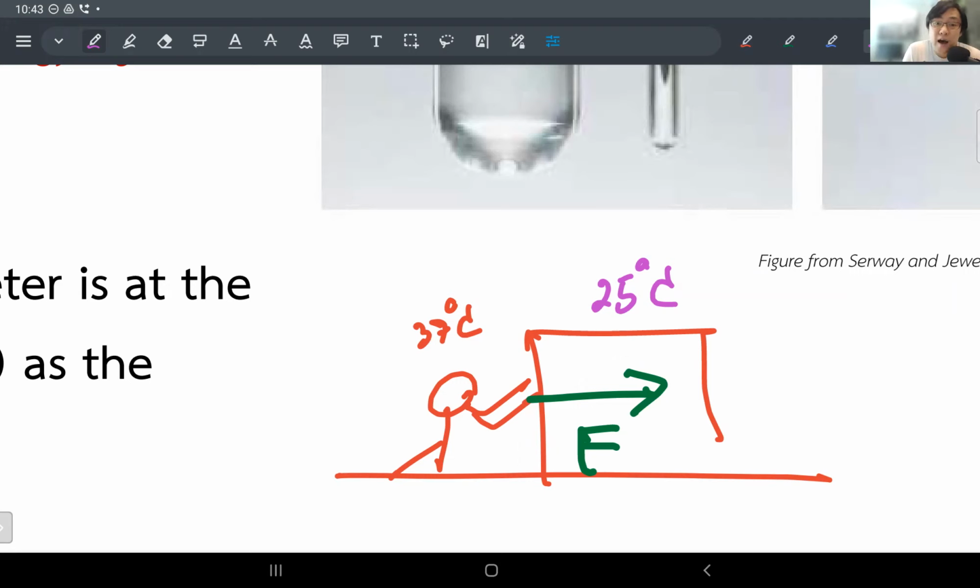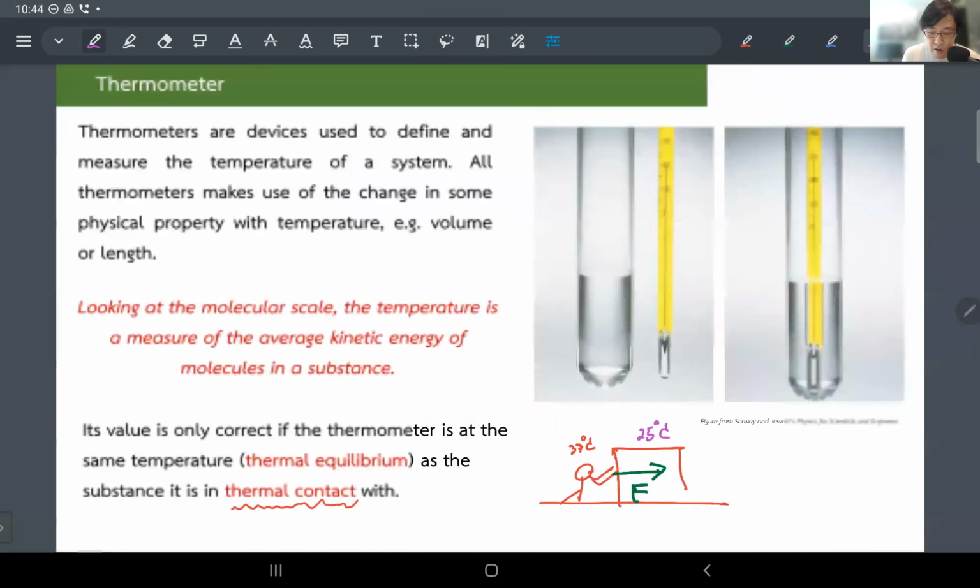Because the dude is hot. The box is cold. So there will be something flowing that you call heat. There's some heat flow. So actually there is something going on already before you apply any forces. And that is thermal contact right there. See, so the temperature plays a crucial role in this topic.